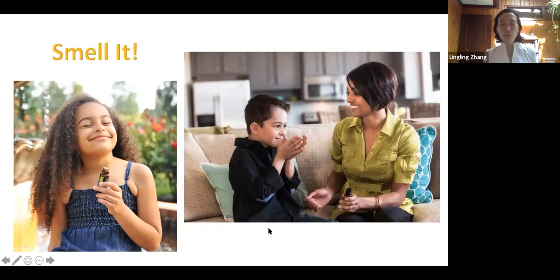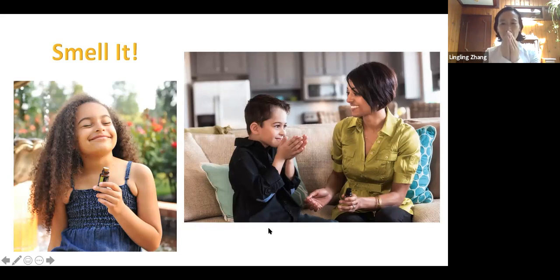Okay, then how do we use it, right? We talked about the oils that are good for your respiratory, but how do we use them? Well, first of all, of course, smell it, because that's how you get the oils into your respiratory system directly, by smelling it, either from the bottle or from your hand.